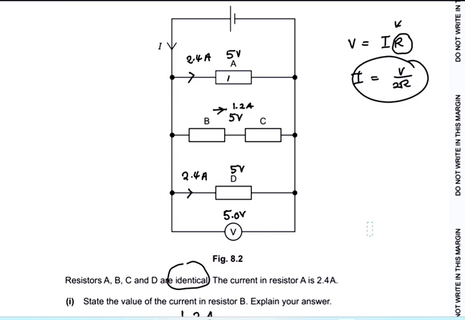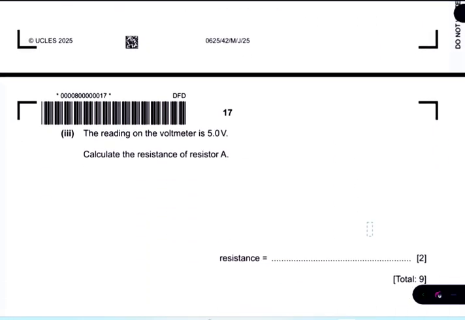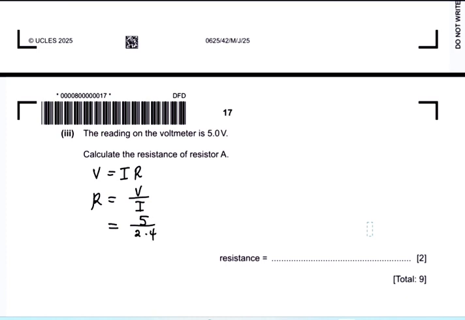To calculate the resistance of A, we use Ohm's law. V equals I times R. So R will be equal to V over I, which is 5 divided by 2.4.